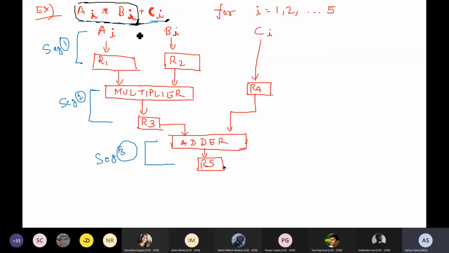Why not addition? First we have to keep the data with us. If we talk in terms of the instruction cycle, first we fetch the instruction, then we decode the operands, then we actually execute, then we store it into buffer.